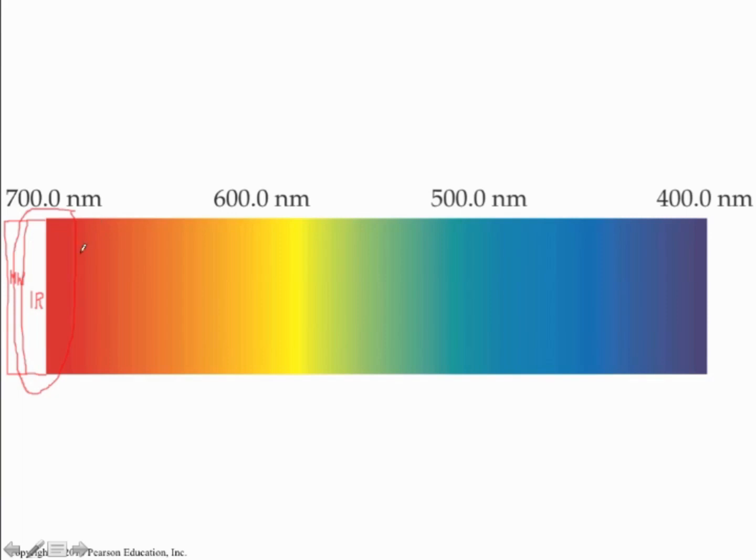So what does that mean? That means as you go deeper and deeper, all you're left with is really this portion of the visible spectrum. That's because the red and even the wavelengths to the right of red have been absorbed out, and so you're left with the bluish green portion of the spectrum.